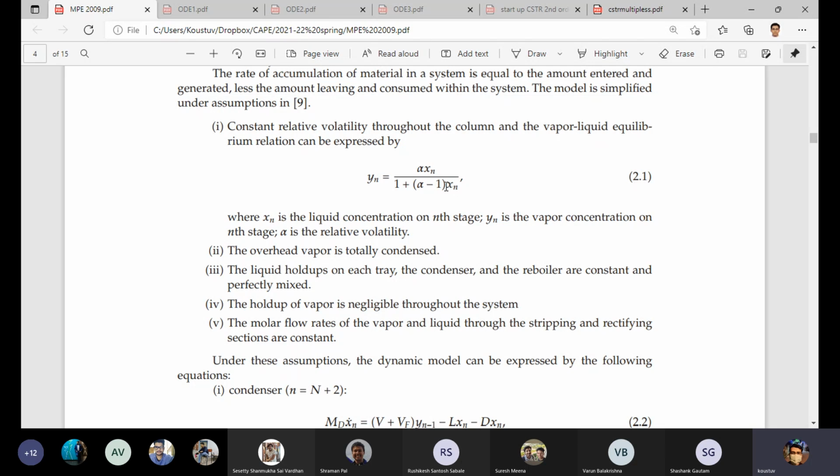but at least one can do similar calculations or analysis as we discussed for the reactor case. The only thing is that you will have a more complicated case because there are more than two equations, since across each tray you have to write the equations.